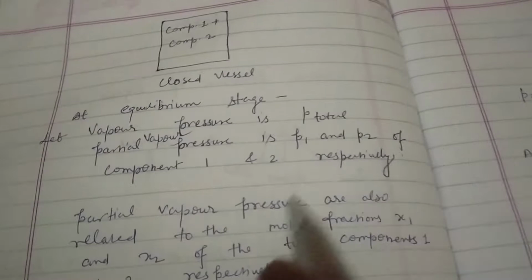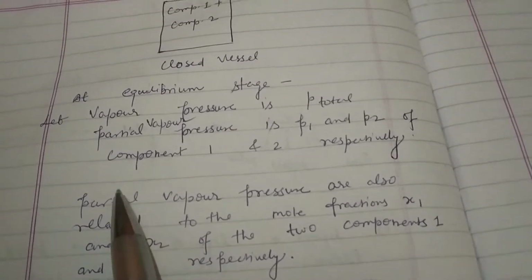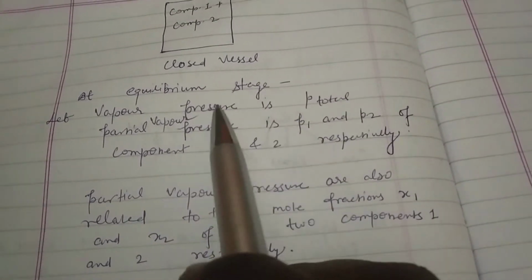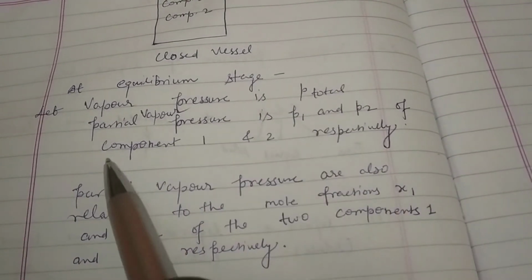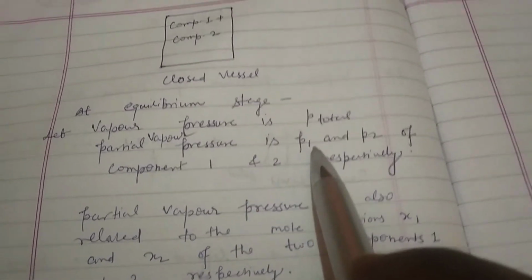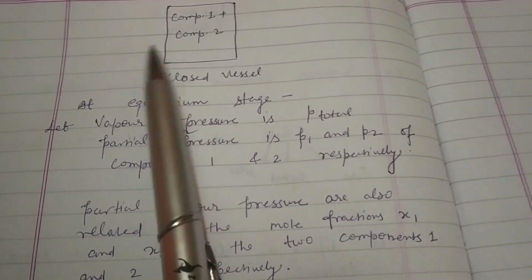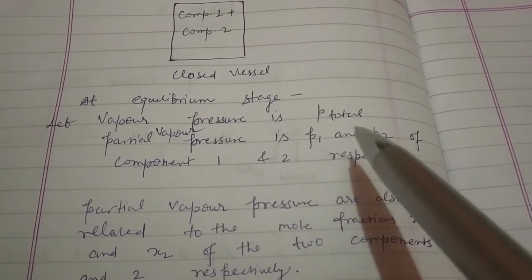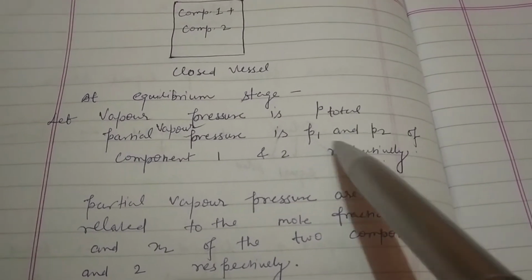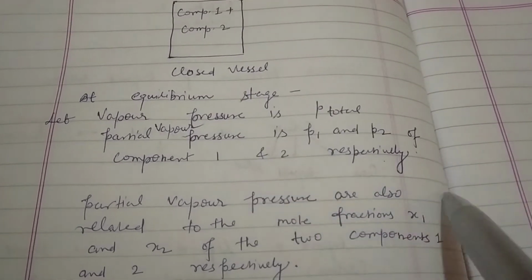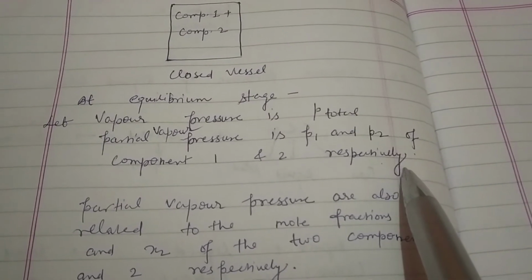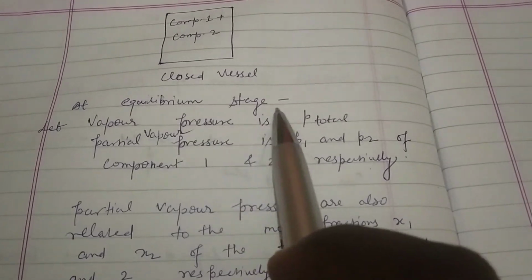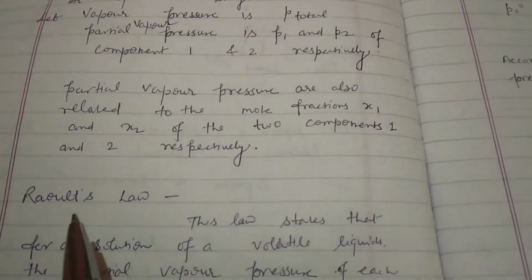At equilibrium, let the total vapor pressure be P total, and the partial pressures be P1 and P2, the partial pressures of component first and second respectively. P is the total vapor pressure.